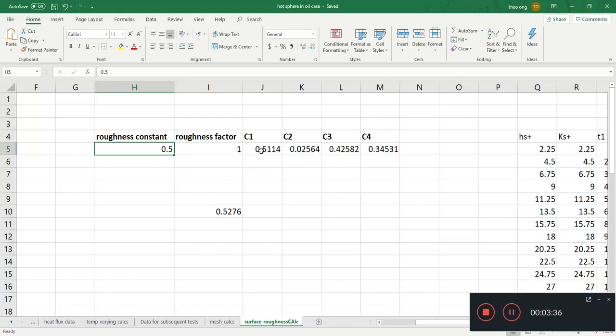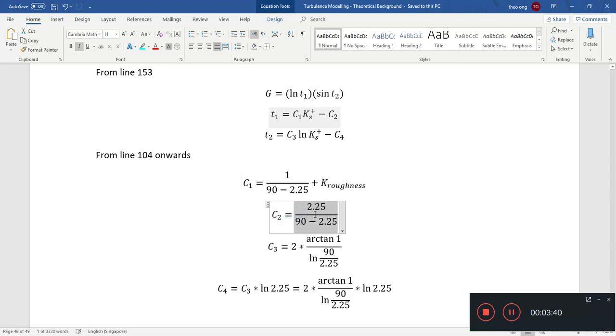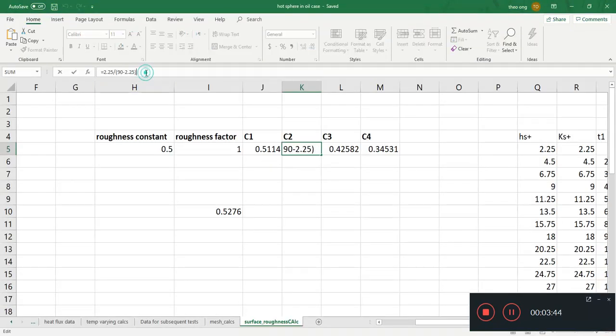Next is C2, which is 2.25 over 90 minus 2.25. C2 isn't too difficult.